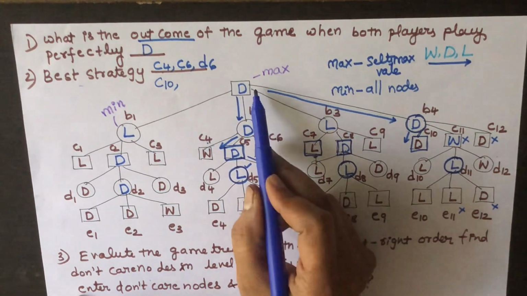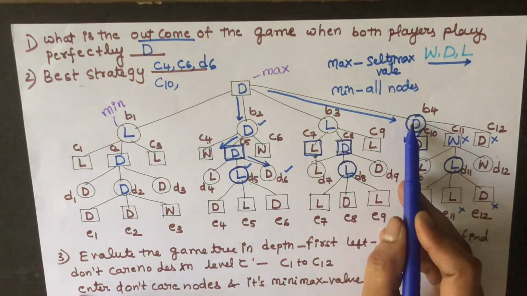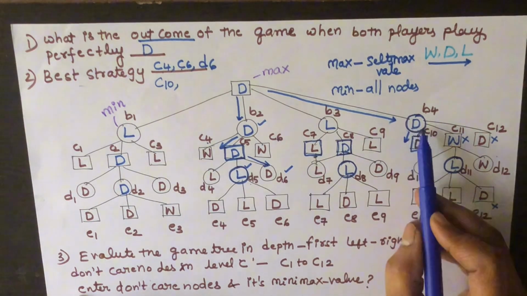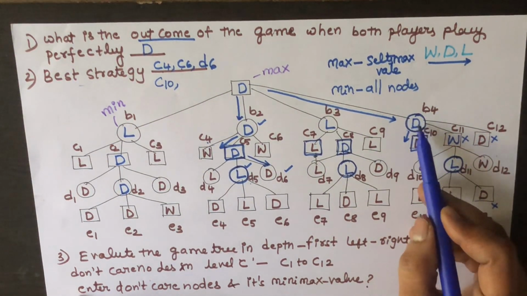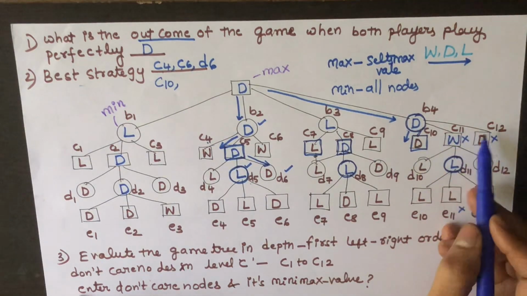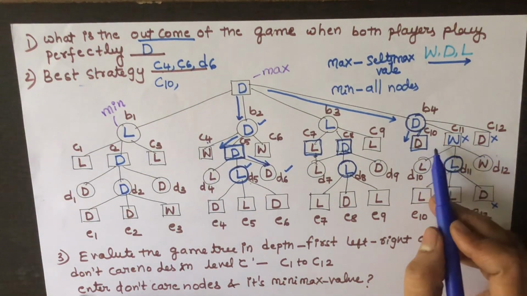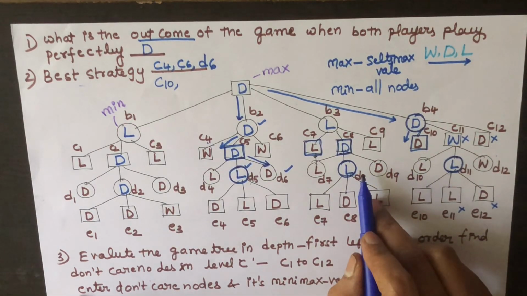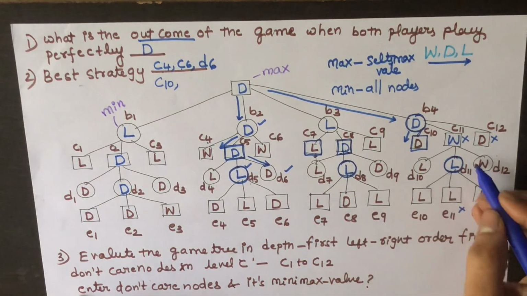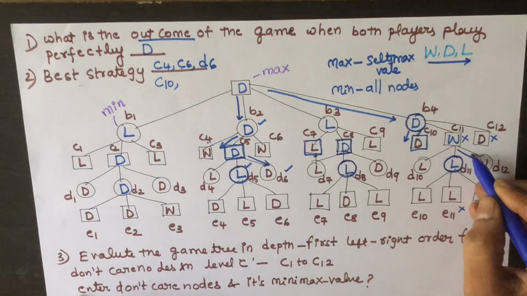D draw, and B4 is a minimum node. The minimum node selects all the nodes, C10, C11 and so win came from here.